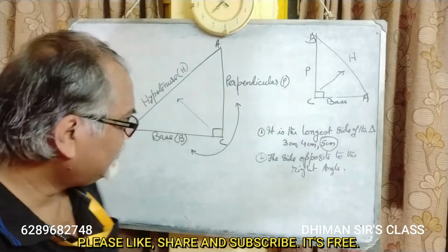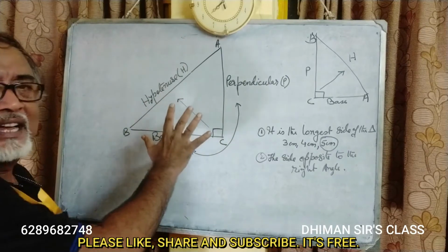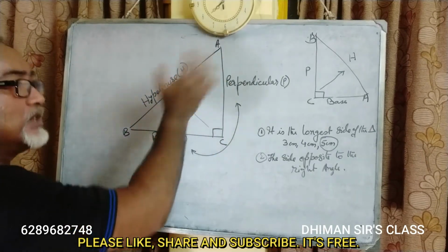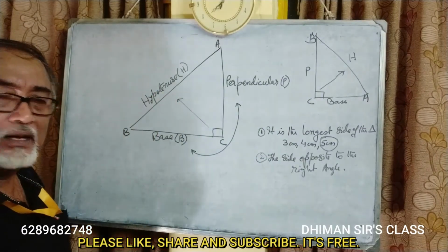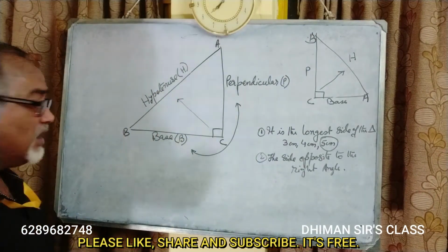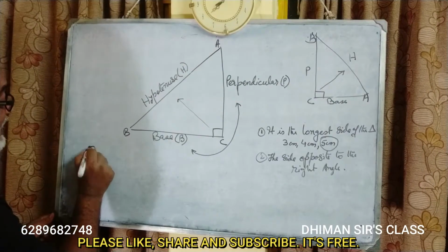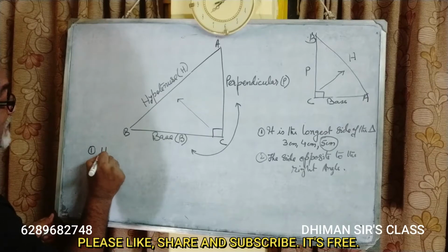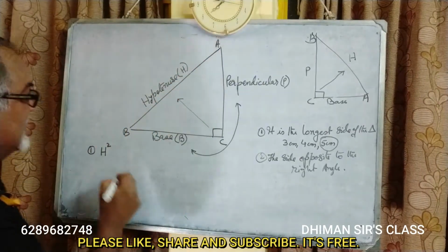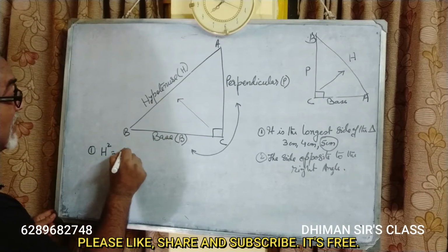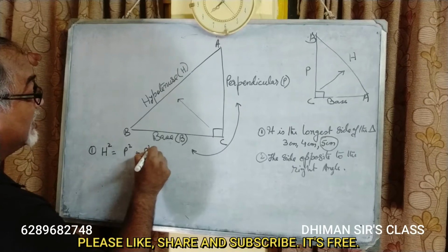Okay, students? So here we have understood the parts of the right angled triangle that are utilized by Pythagoras in his theorem. Now, what is his theorem actually? His theorem is formula 1. He said hypotenuse square, means the square of the longest side, is equal to the sum of the squares of the other two sides.